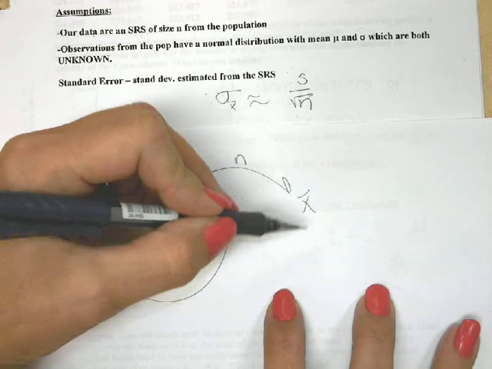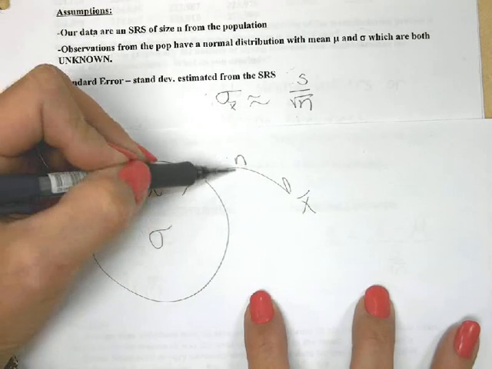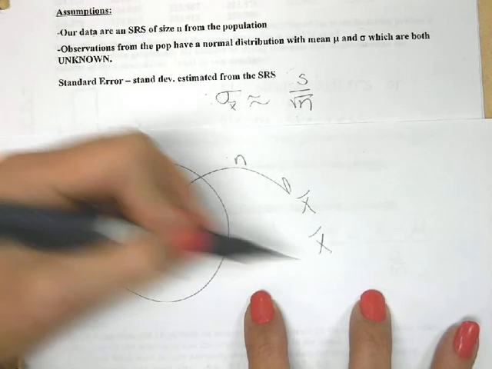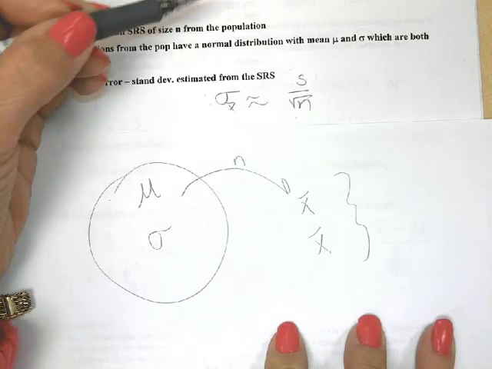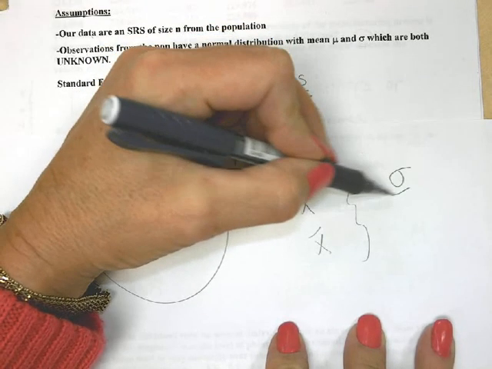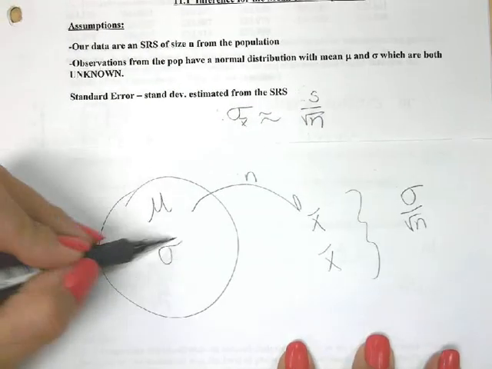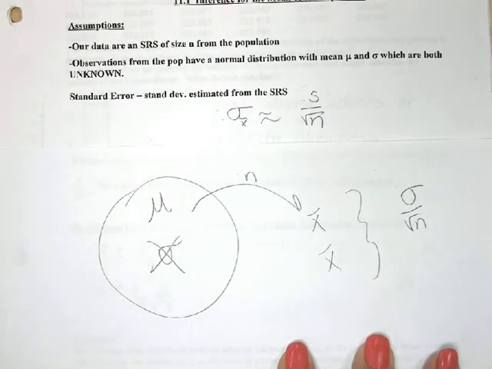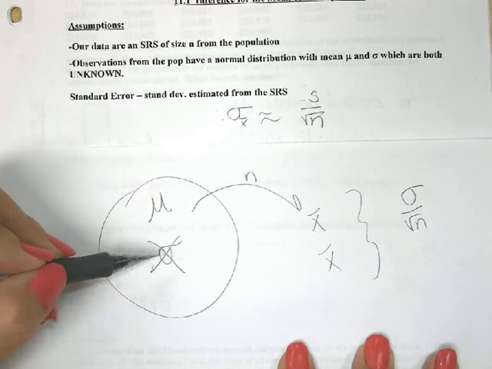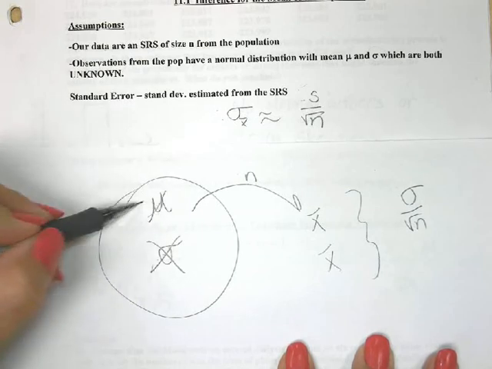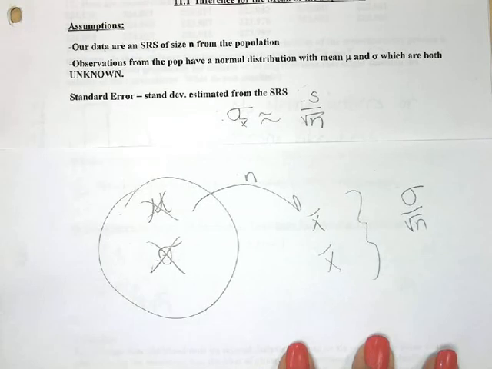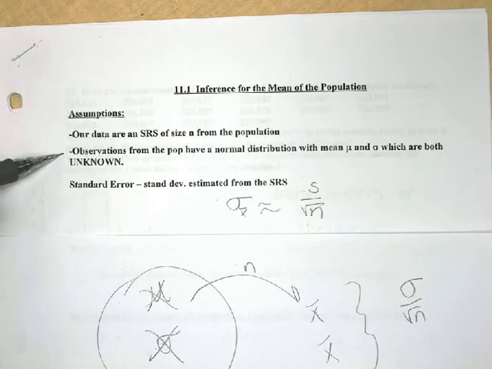Then we take another sample of size n and get another X bar, and so on. How these vary is the standard deviation over the square root of n. Our only problem is that we don't know what that value is. It is a value, but we just don't know it, and we don't know the mean either. So both are unknown to us, and that's what's being stated up here.